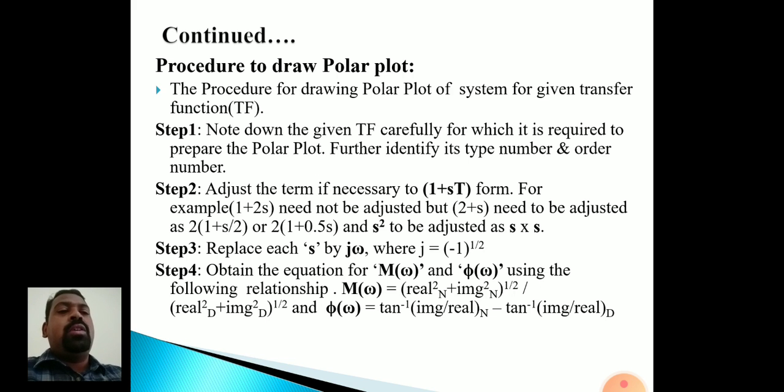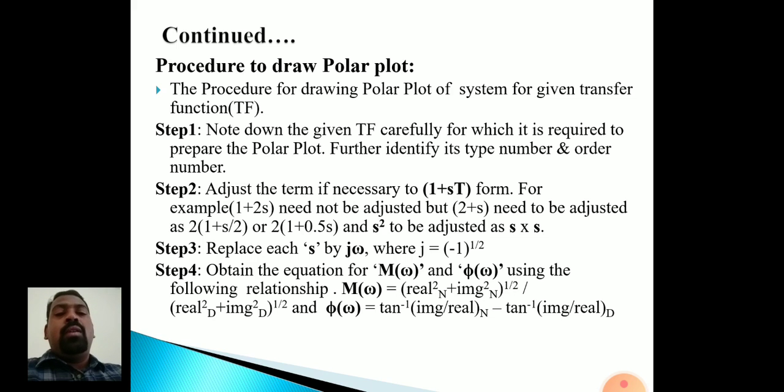This is the general procedure: step 1, step 2, step 3, step 4. In the very first step, carefully note down the transfer function for which you have to prepare the polar plot and identify the type number and order number. In step 2, adjust into 1 plus sT form wherever necessary; if it is directly given, there is no need to adjust.